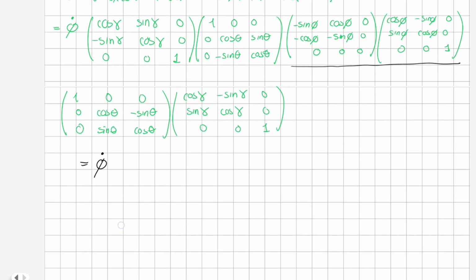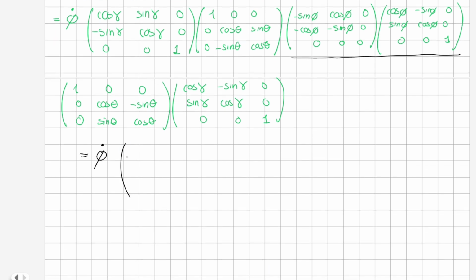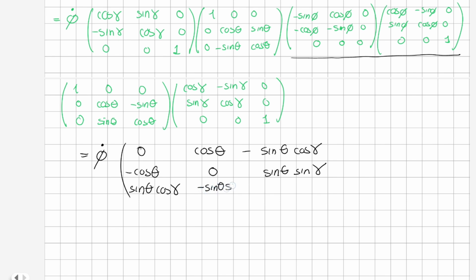Of course, we are going to get a phi dot here, and here we have 0, cosine theta, minus sine theta cosine gamma, minus cosine theta, 0, sine theta sine gamma, sine theta cosine gamma, minus sine theta sine gamma, 0. Okay, perfect.